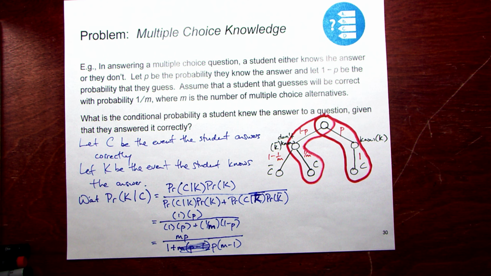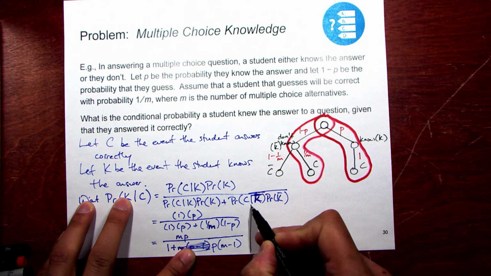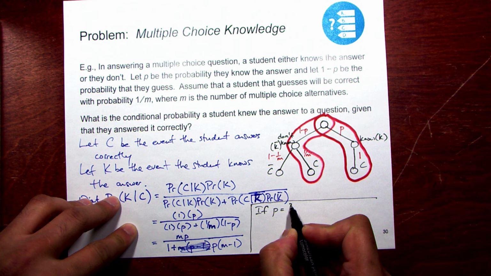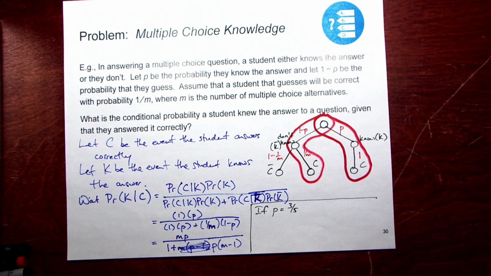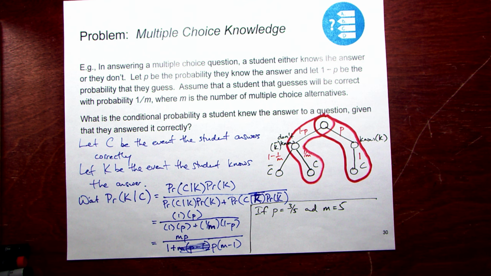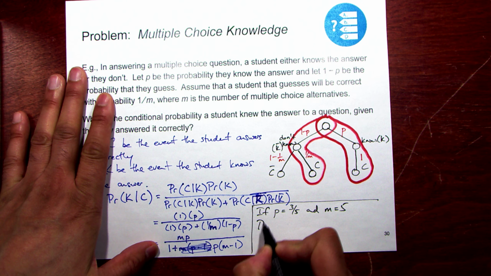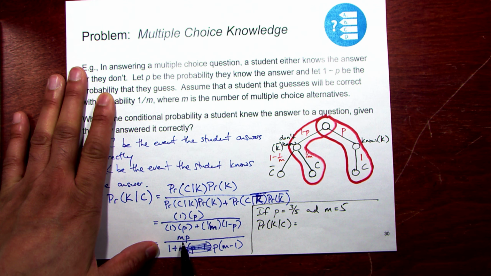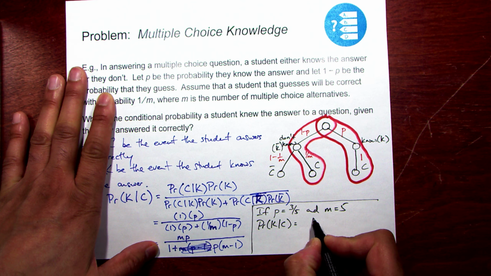Well, let's try it out. I suggested P being 3/5, so let's say you're a 60% knowledge student. You're expecting to pass the exam, and there are 5 choices per multiple choice question. So this would be 5 times 3/5, that's 3 on the top.